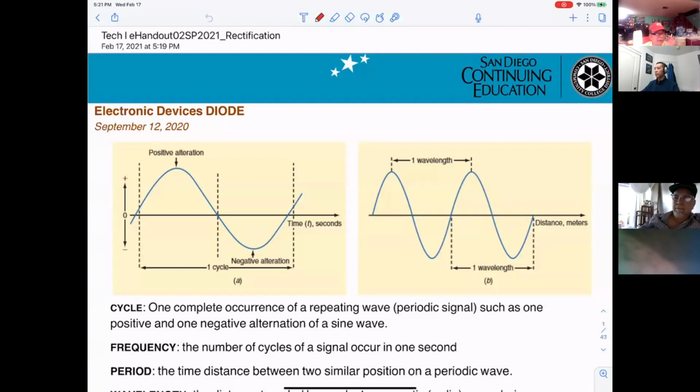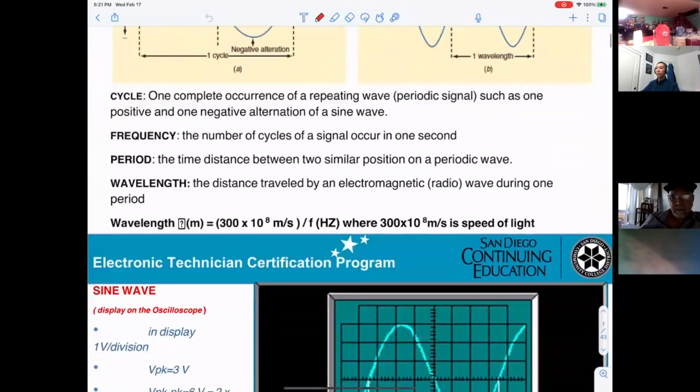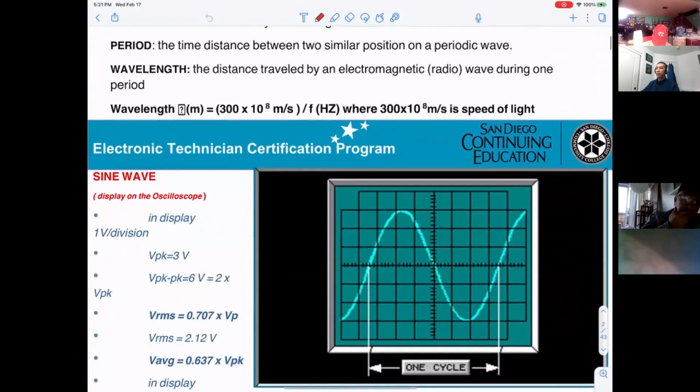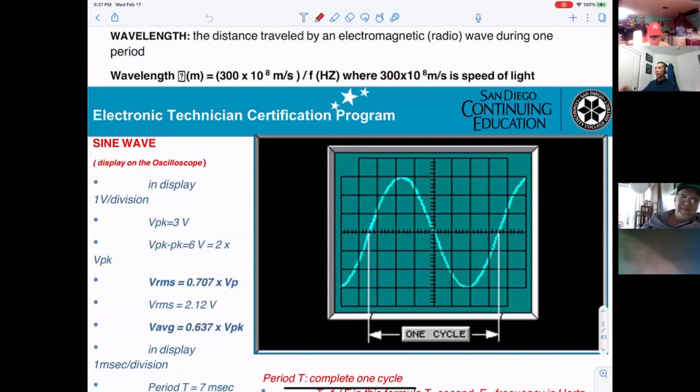That means you have to know the definition of the cycle, the frequency, and the period. And when you see the sine wave displayed on the oscilloscope, you're able to identify the V peak, V peak to peak, or V rms, and also the period and the frequency. That is just very basic. We must get through it.